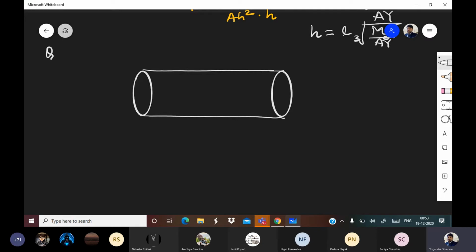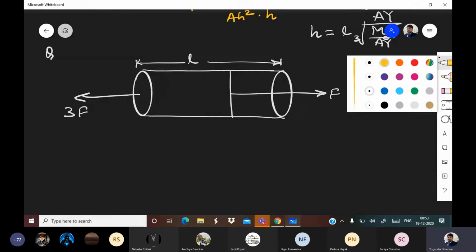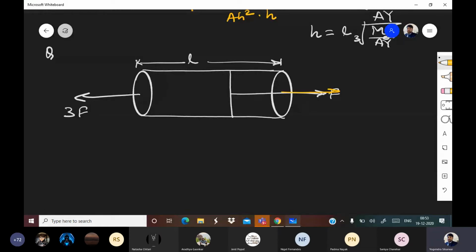So this is a pipe or you can say cylinder. Total length is L. This force is 3F. Here it is F. Here it is 2F more.